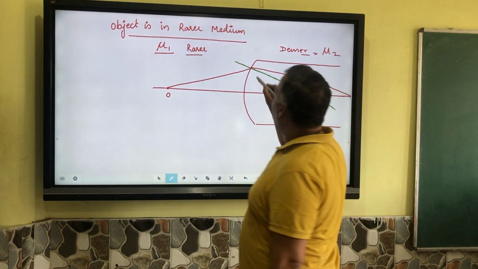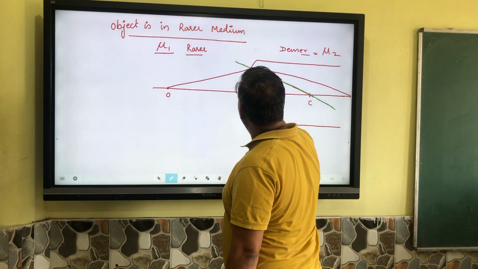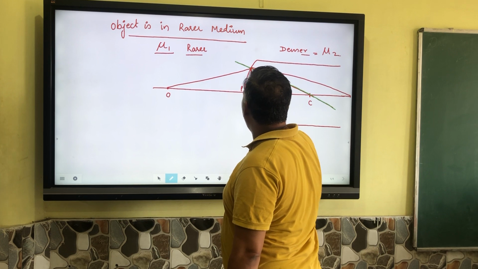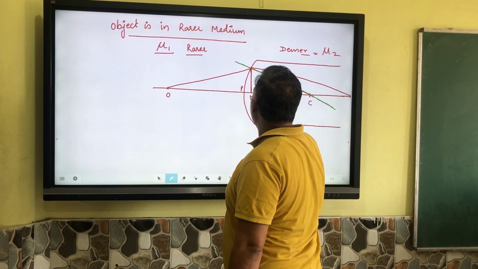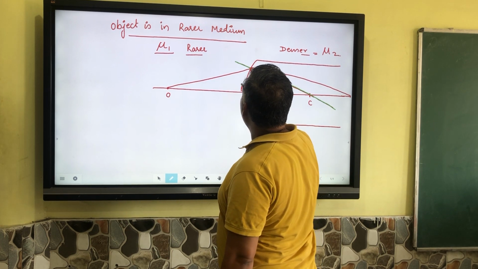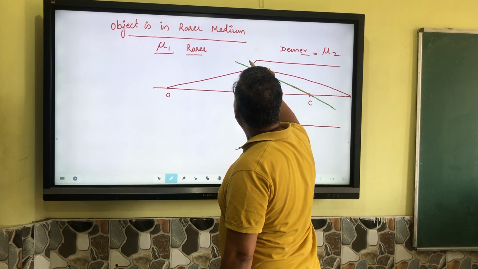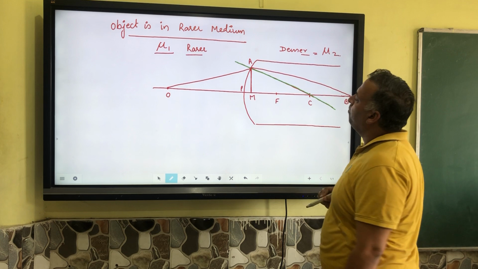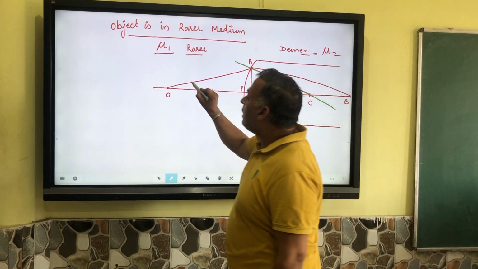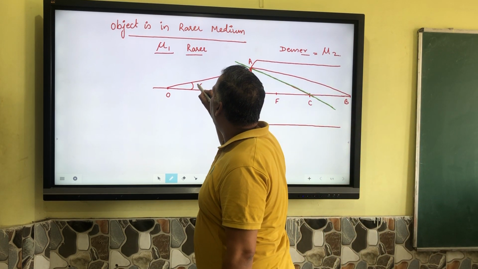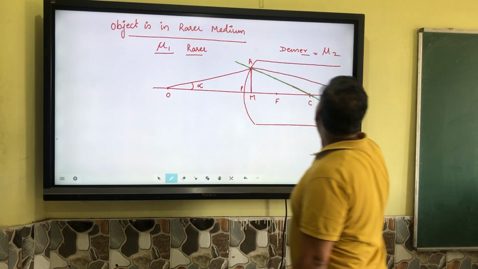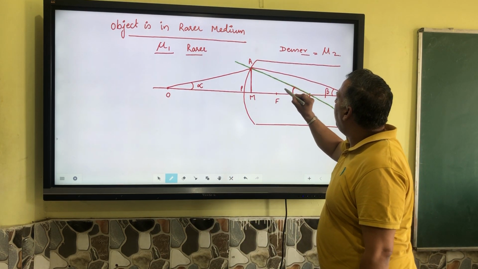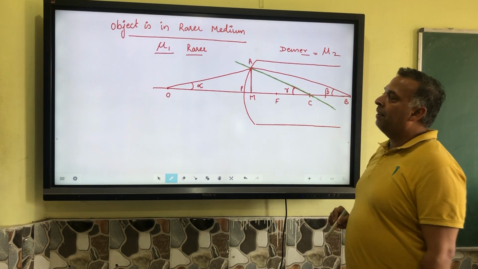If we draw a perpendicular from here, this is the pole P, this is M, this is O, that's A. The angle made by this is alpha, by this is beta, by this is gamma.